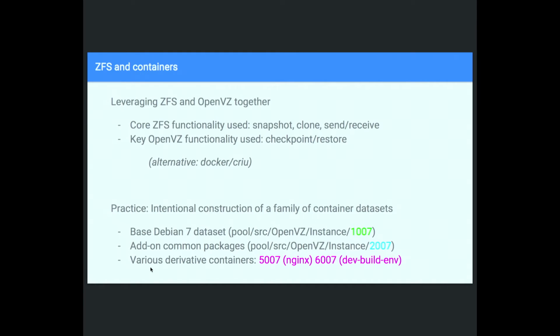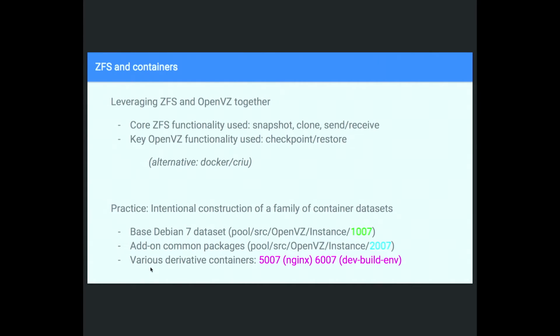So I observe a practice, which is an example of a use case. It can be generalized, but this is an example for this discussion. I have a core starting point, a data set, which is like a container image. It's like an entire OS, a Debian 7 starting point. Within OpenVZ, it appears within a hierarchy with ZFS as a backend.